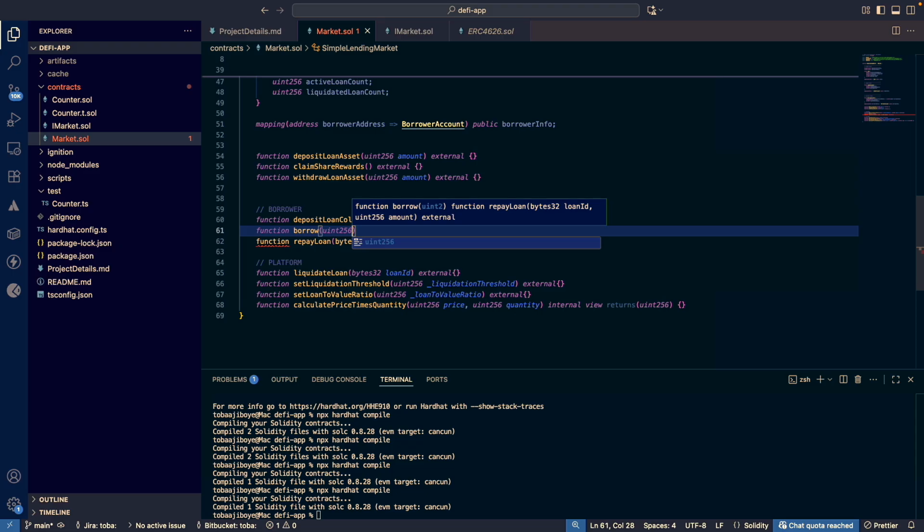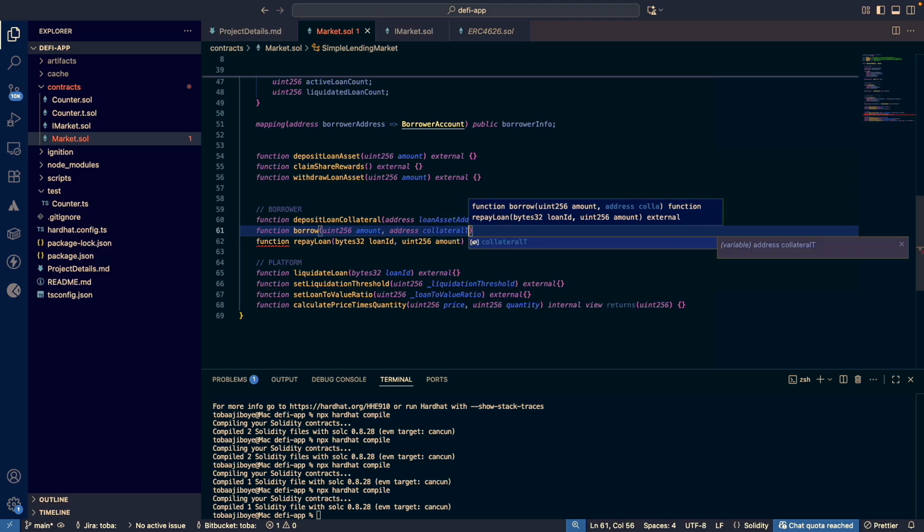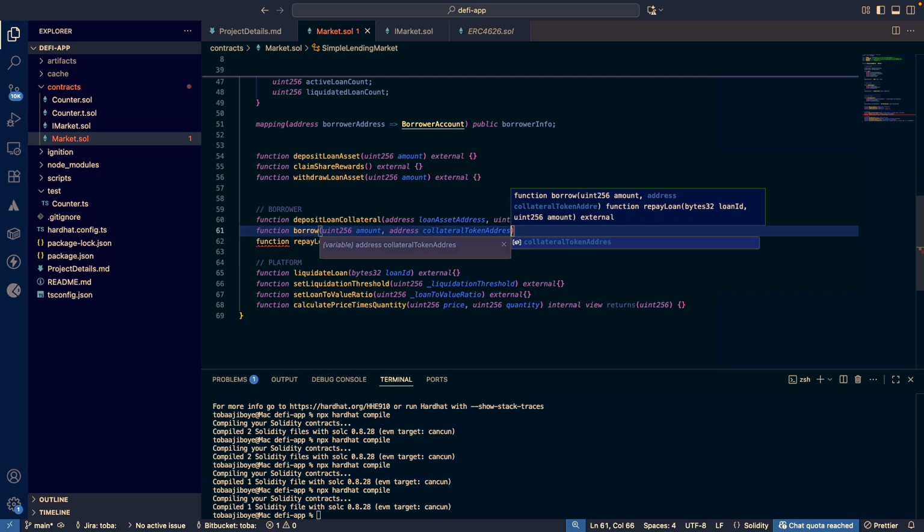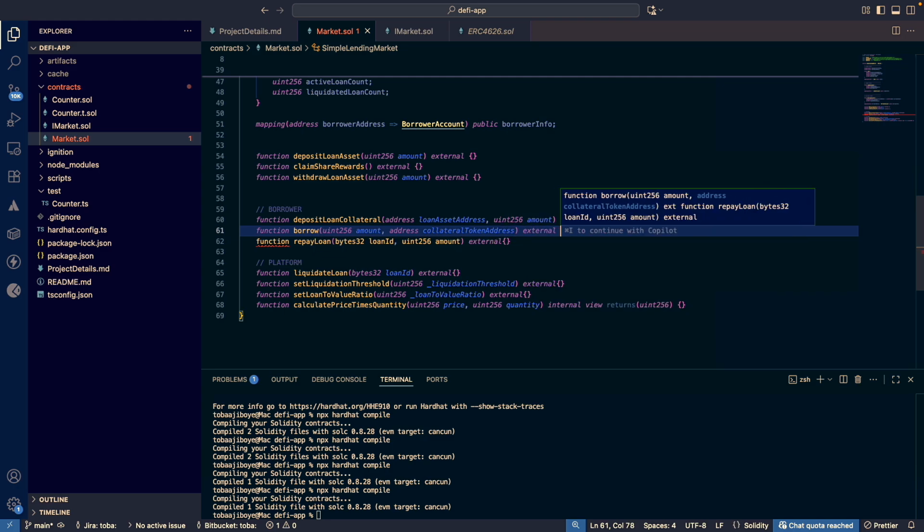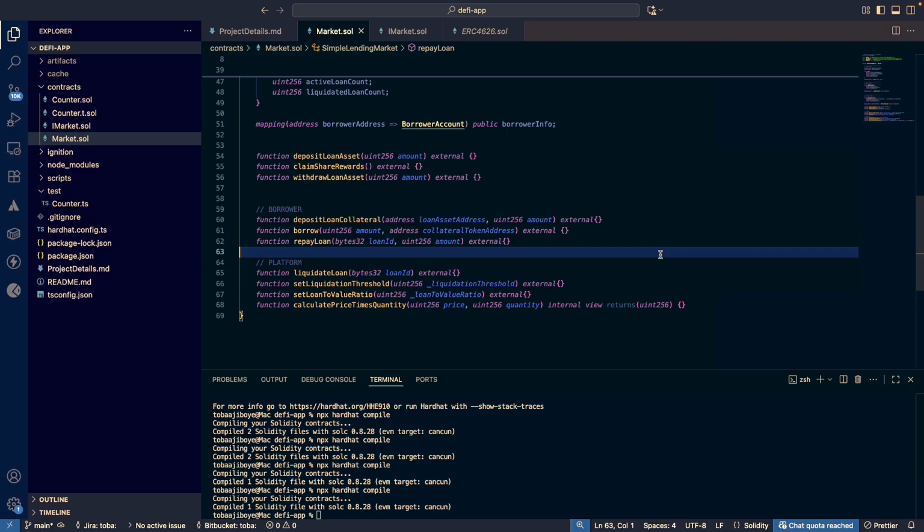So you're borrowing against a collateral token address. That way you're not borrowing against your entire portfolio, you're borrowing against a specific asset. Now, we've added borrow here.